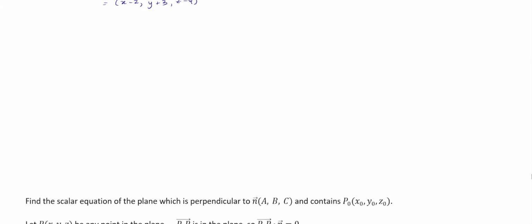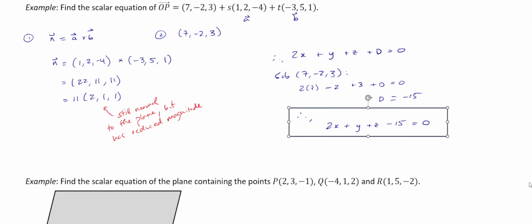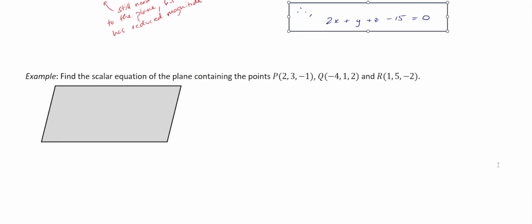All right, so we're going to find the scalar equation of the plane containing these 3 points. So I'll just put P over here, Q over here, and R over here. So I've got my 3 points. And look, I can actually make basis vectors A and B from those points.